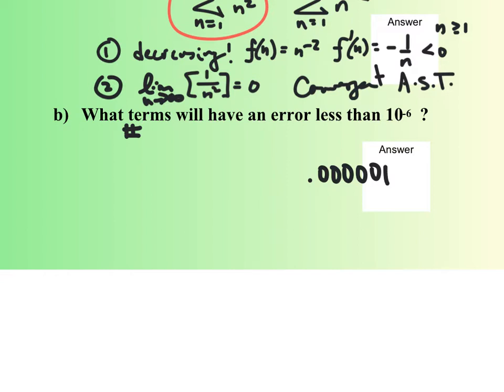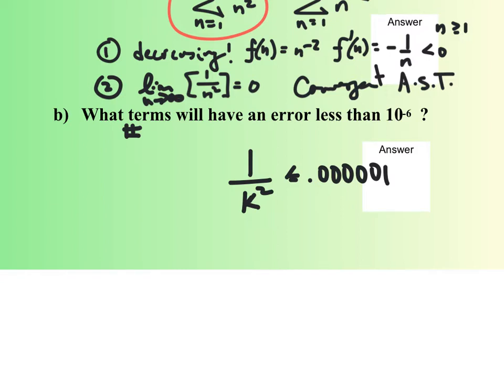Okay, so I want an error less than that. Well, that means I want the next term to be less than that. So I want to know what number would give me a value of 0.000001 or less.